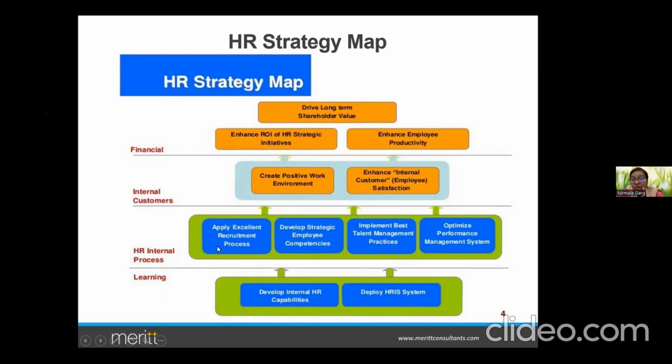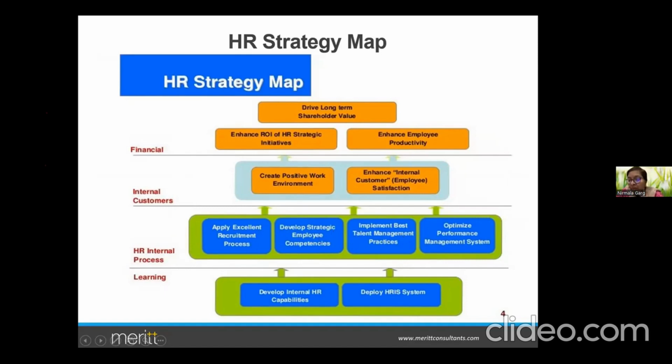So when we are looking at HR, all your processes become your internal business processes for that strategy map. So when all these are right, like your excellent recruitment process, right competencies, good performance management, then how does it impact your internal customers?